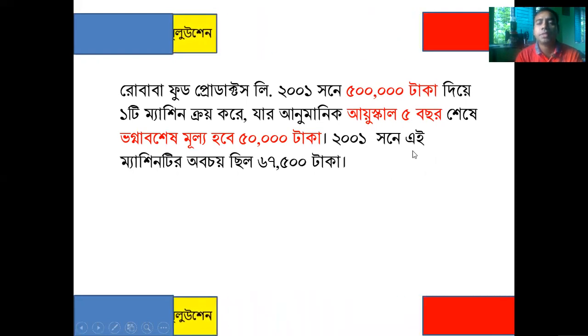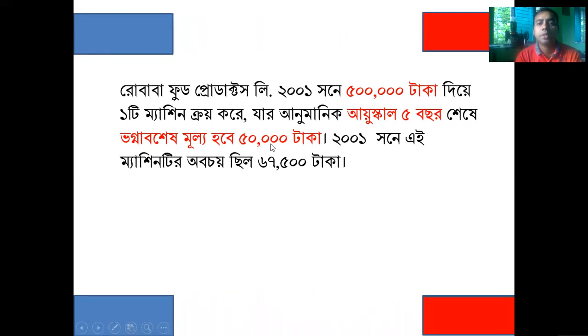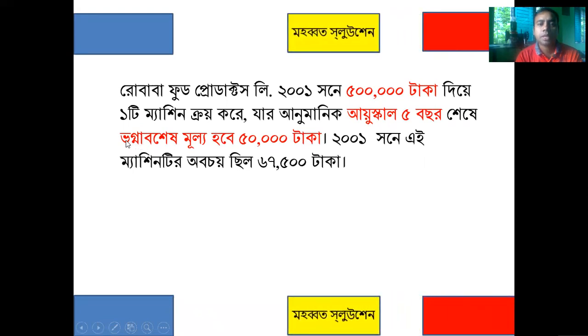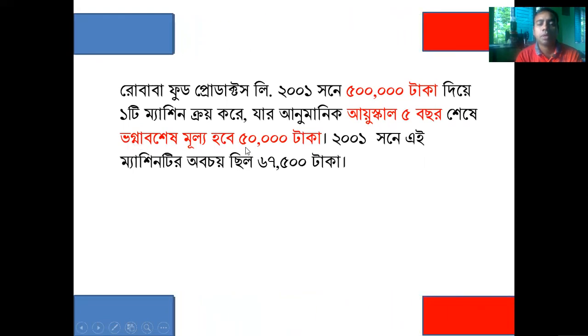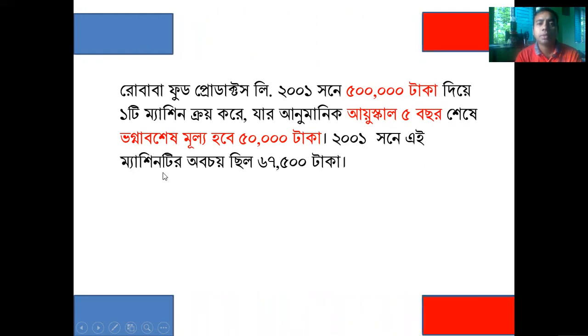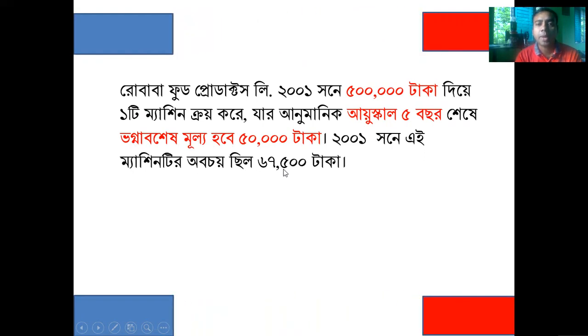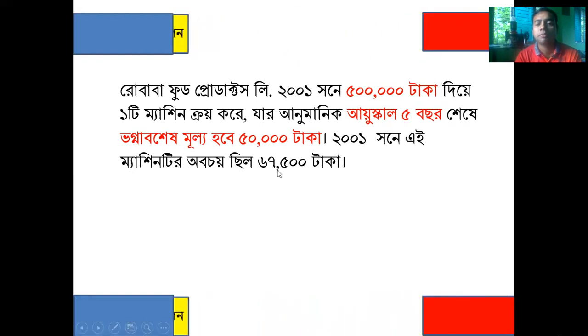At the end of the estimated service life, its salvage value, or residual value, will be Taka 50,000. At the end of 2001, the depreciation of that particular machine was Taka 67,500.